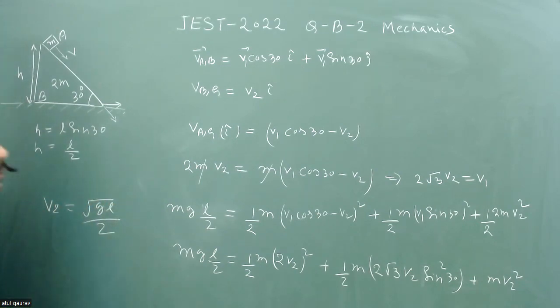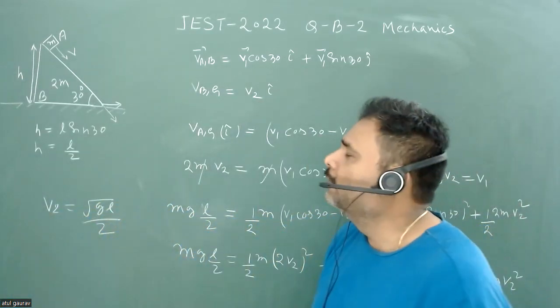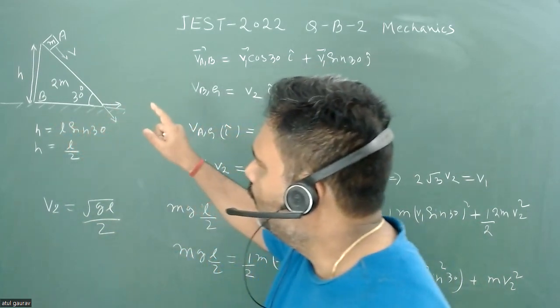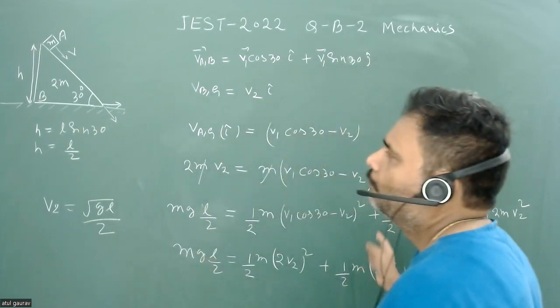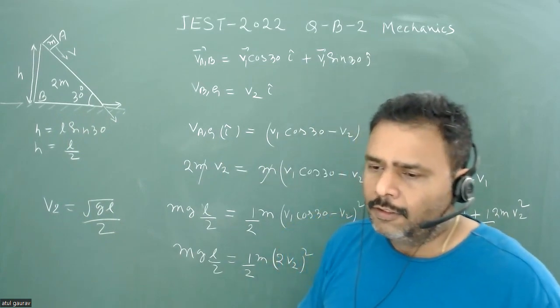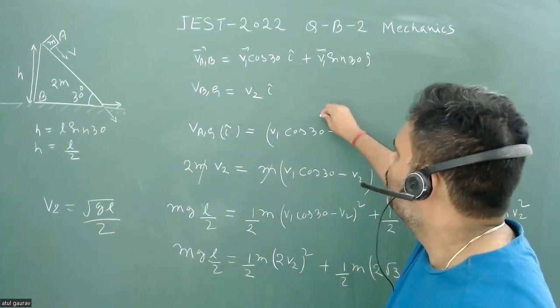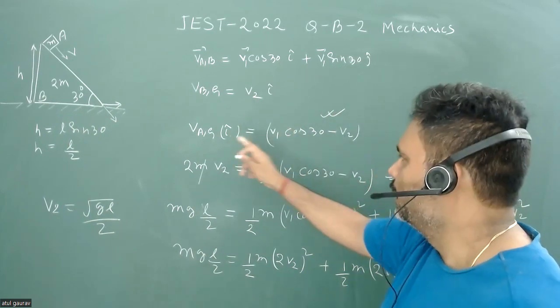This is a very simple problem, but the real concept is that we have to write everything with respect to ground, and then use conservation of energy. Everyone must be a little conscious of how we write this.